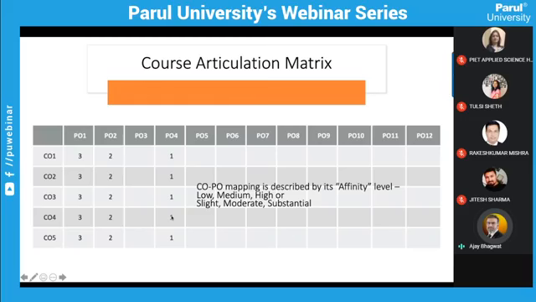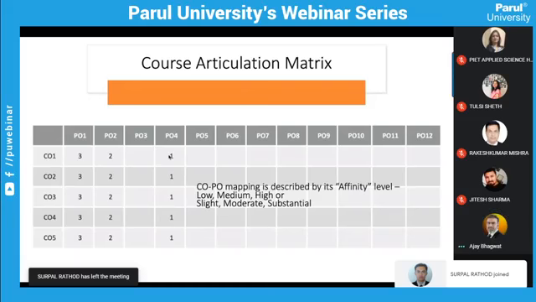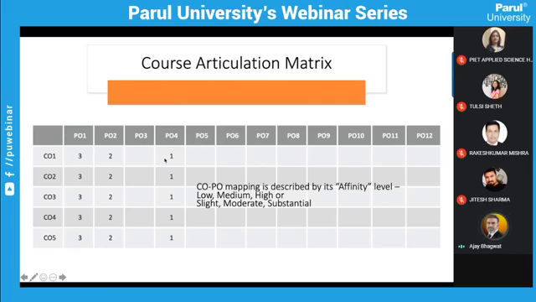However, since it's not very heavily inclined towards the skill category of POs, we can say that it has lower affinity, although it is covering that PO, it is not substantially addressed. However, PO1 and PO2 are substantially addressed. So that's the way the course articulation matrix can be easily created.